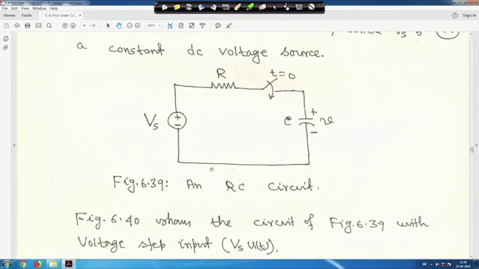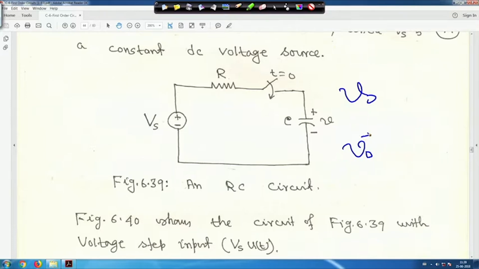What I want to mean for this circuit is that when the switch was not closed, it was open initially, suppose this capacitor was charged to voltage V0, right. Suppose this voltage I write as V0 minus.